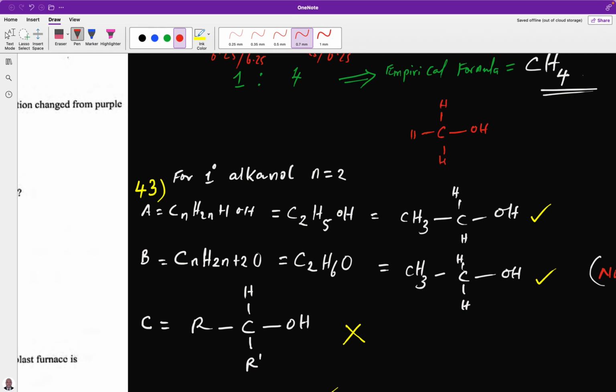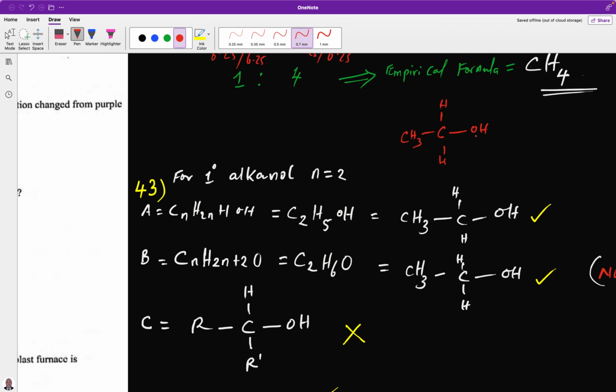But now, if we substitute one of the hydrogens with an alkyl group, let me say methyl, CH3, now this is a primary alcohol. When one of the hydrogens is substituted with an alkyl group, like the methyl group, we have ethanol.